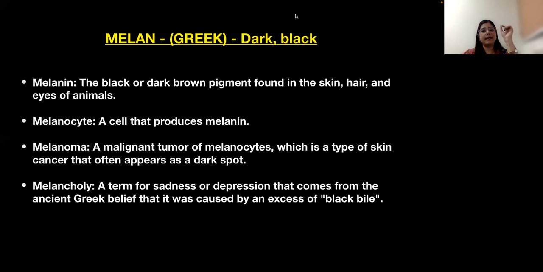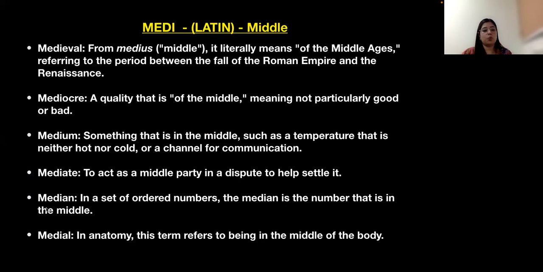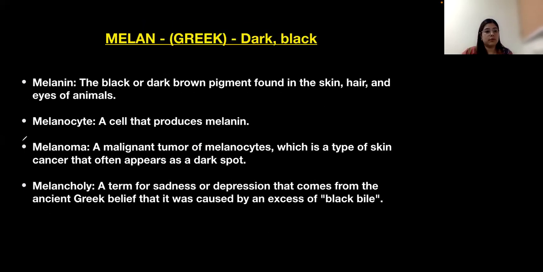Melanocyte, again, cyte is the root word for cell. CYTE is the root word for cell. Different cells in our body, adipocytes, melanocytes. So cyte is the root word for cell, the cells in our body, biologically in our body. Melanocyte, a cell that produces melanin. Melanoma, again, oma, sarcoma, ठीक है, carcinoma.